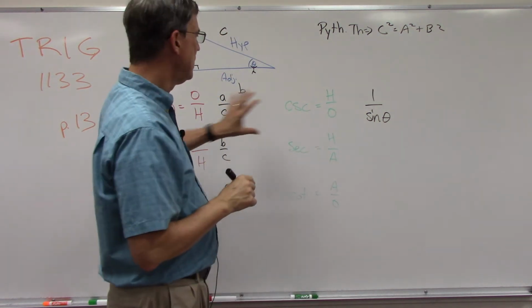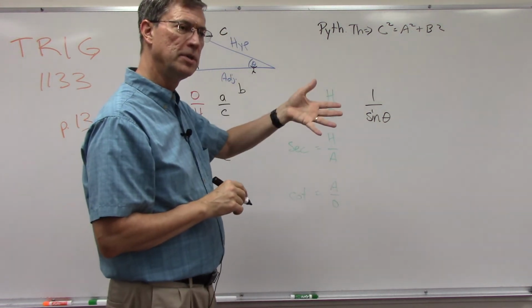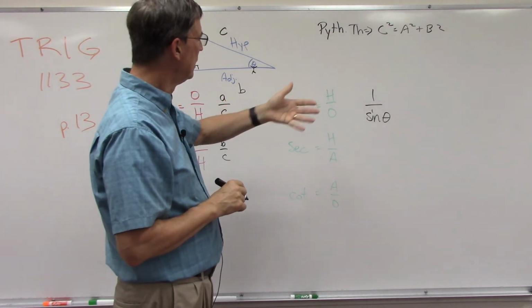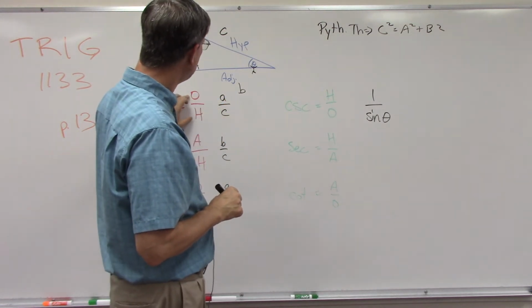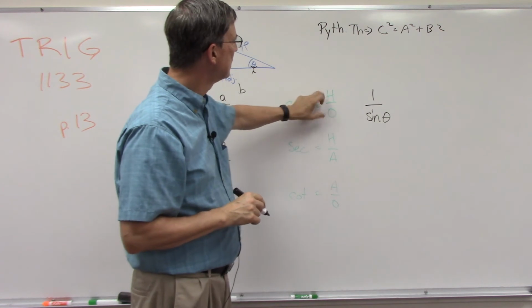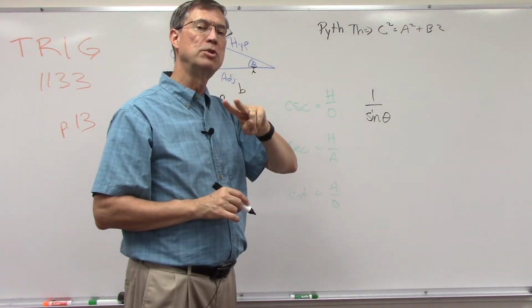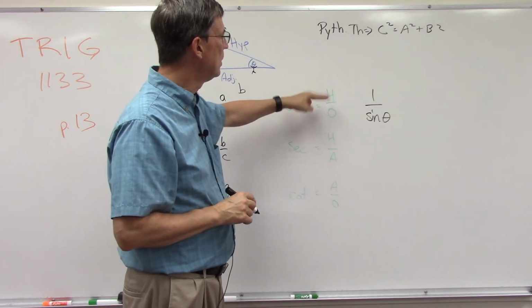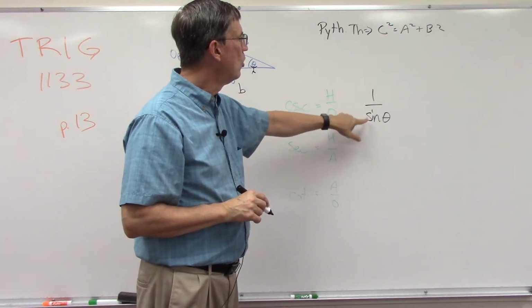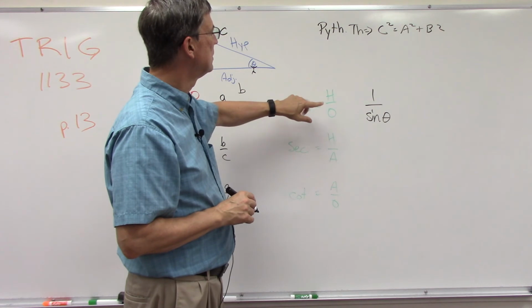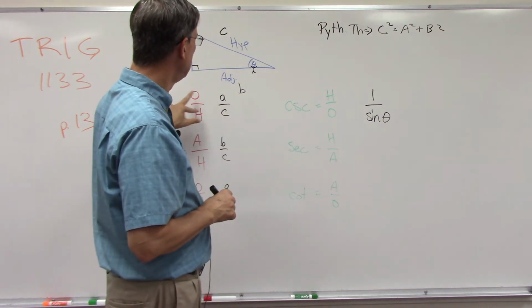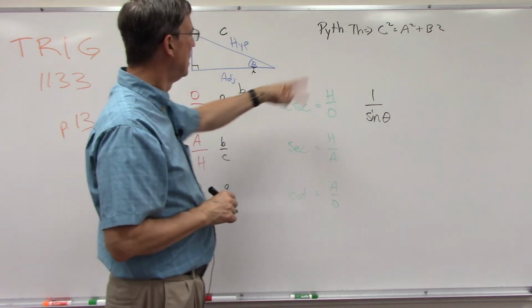So the sine inverted, the reciprocal of it, flip it over. Instead of being opposite over hypotenuse, the cosecant is hypotenuse over opposite. So the relationship is the same two sides, it's just that we flip it. So 1 over the sine means take this A over C, the O over H, and flip it upside down.